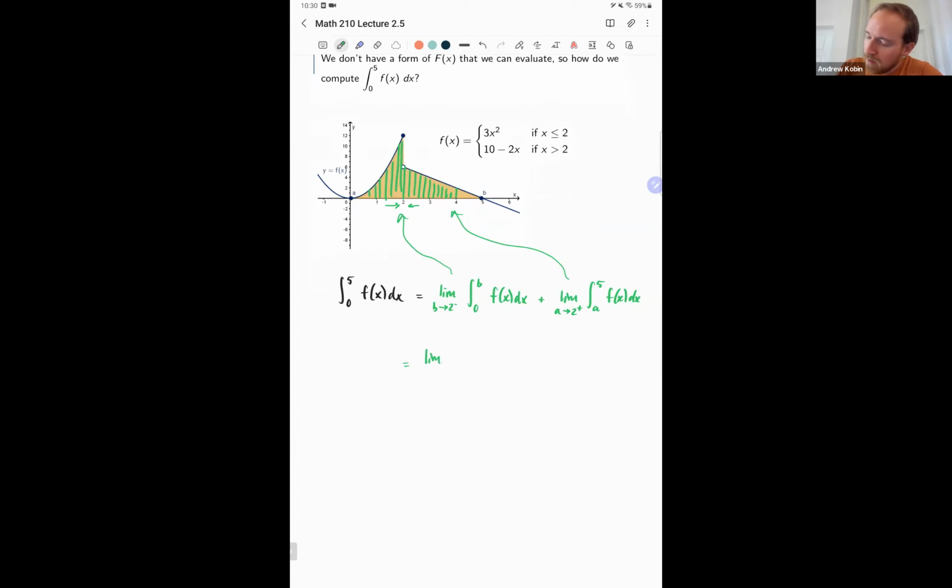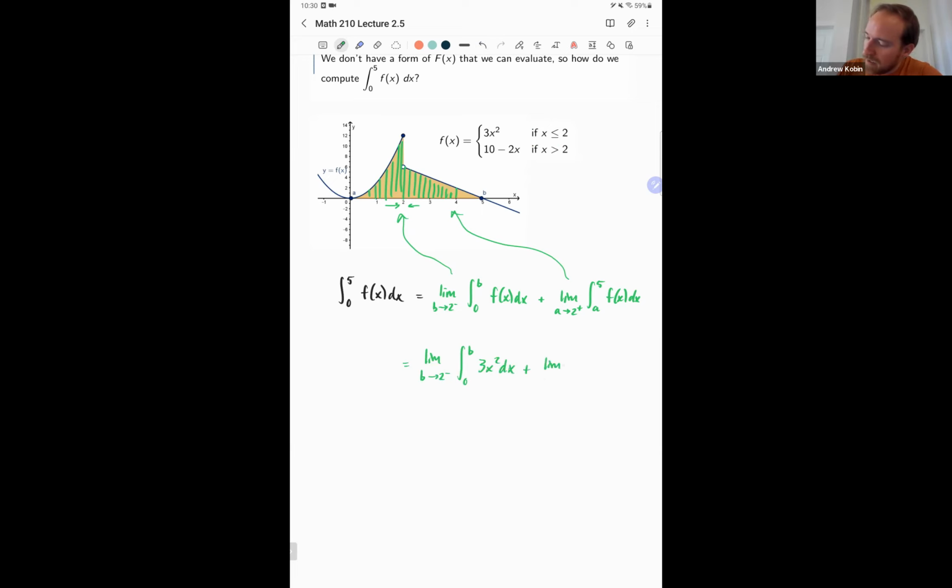Well, notice that on the interval from 0 up to 2 or anything to the left of 2, so for any interval 0 to b where b is less than or equal to 2, I'm integrating from 0 to b, but the function here, when x is less than or equal to 2, has values given by 3x squared.